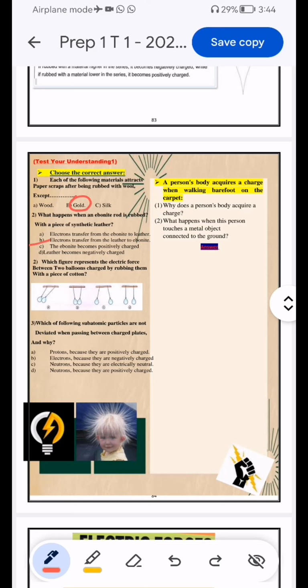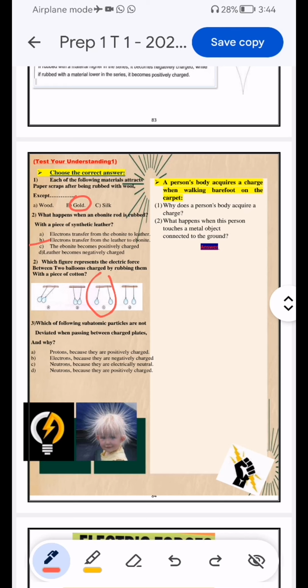Number three, which figure represents the electric force between two balloons charged by rubbing them with a piece of cotton? Both are rubbed with the same material, cotton, so both will have the same charge. And we said if objects have the same charge, repulsion arises between them, so we will choose C. Number four, which of the following subatomic particles are not deviated when passing between charged plates, and why?